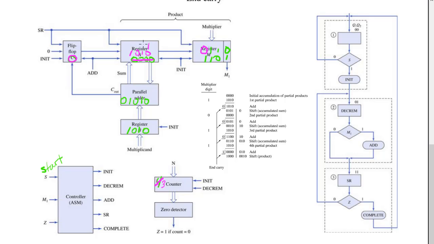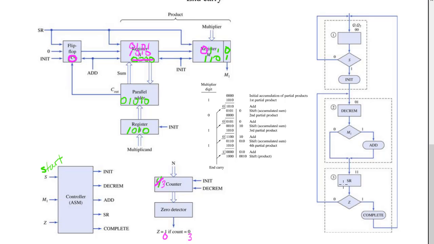And these 1s and 0s move over, and that 0 moves into here. Then this 0 moves into the flip-flop, so this flip-flop's value is still 0. Then we look at Z. Z's currently 0 because the counter's value is 3. And because Z is 0, we move back up here to state 2.